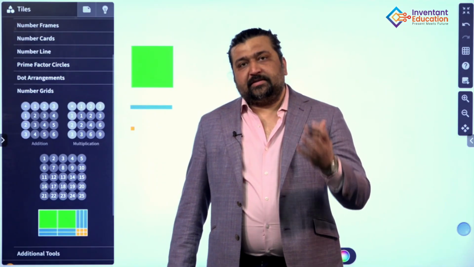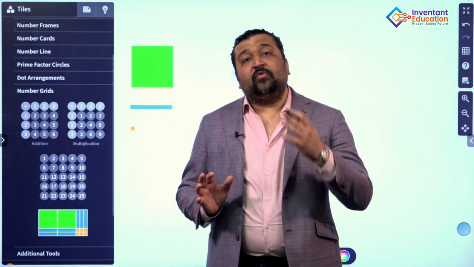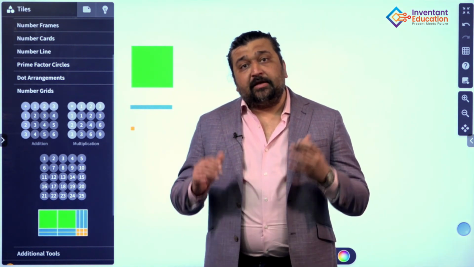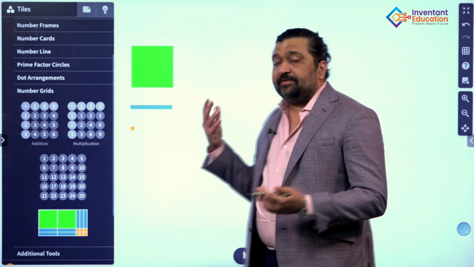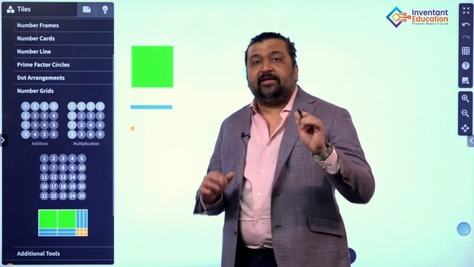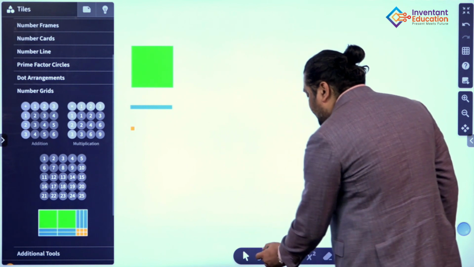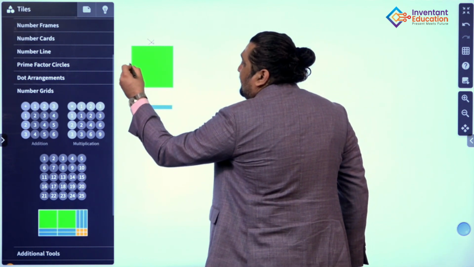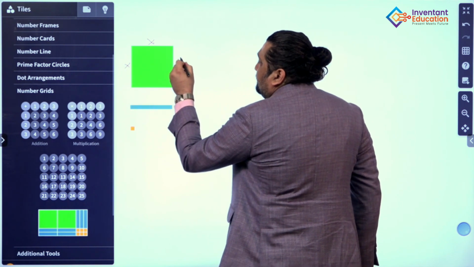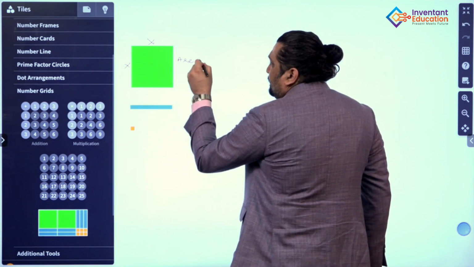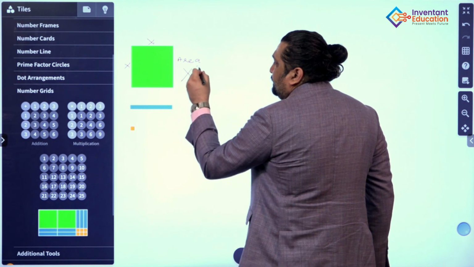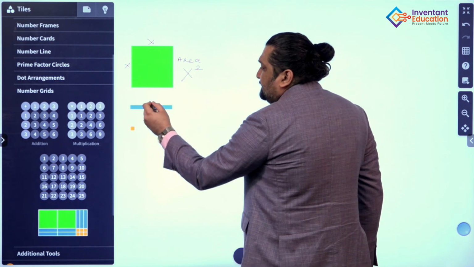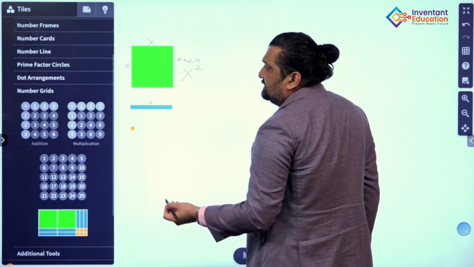Not only numbers, these manipulatives are also very, very helpful in visualizing algebra. Now here I am using my manipulatives as algebra tiles. So first we'll understand the notation. This green square, if its side is x, its area would be x square. Now if you consider this blue strip, its length looks like x.